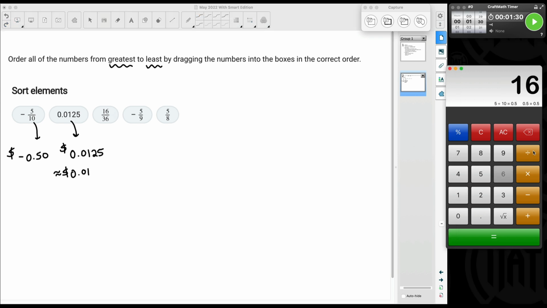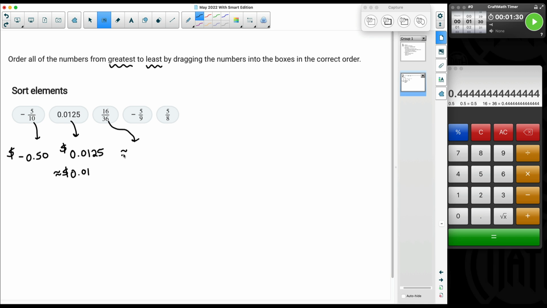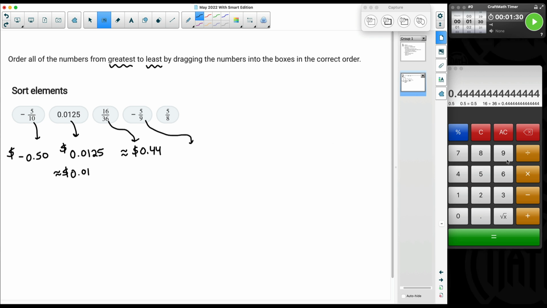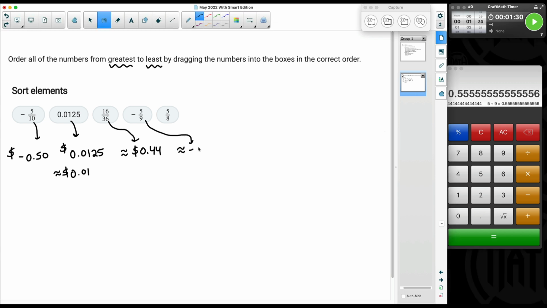16 divided by 36, some of these will have long decimals, as you can see right there. So 16 divided by 36, this is approximately 44 cents. Continuing on, -5 divided by 9. We can take that 5, divide it by 9, and this, if you technically round this to the nearest penny, is going to be approximately -56 cents.